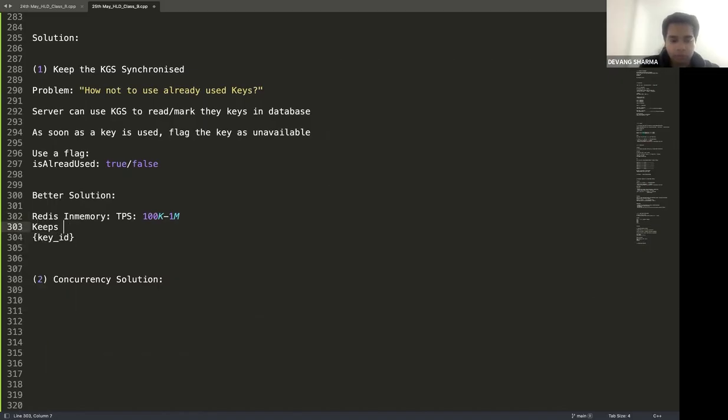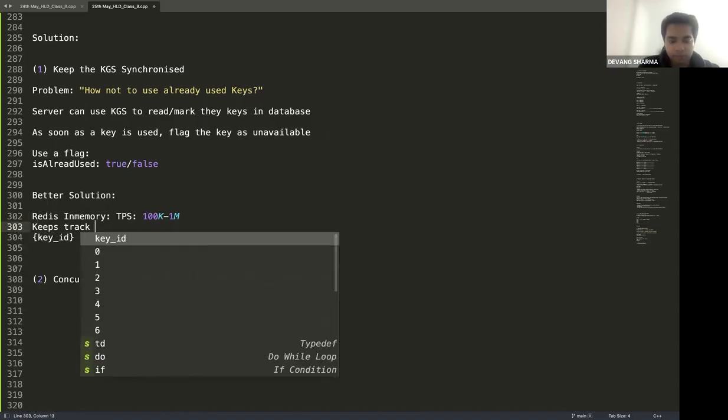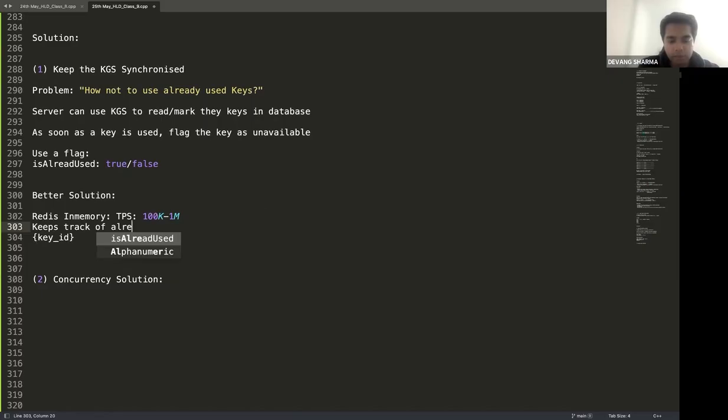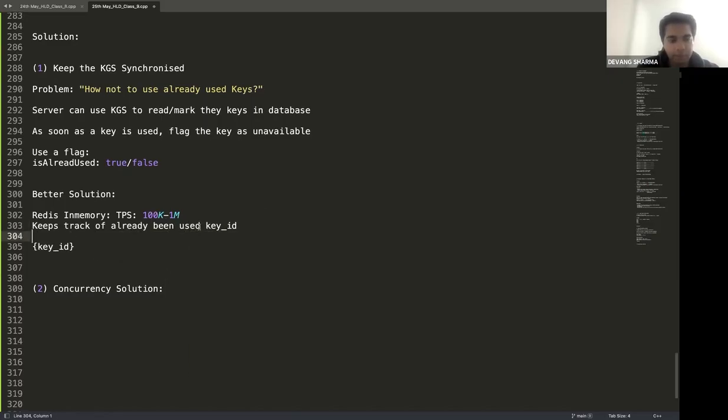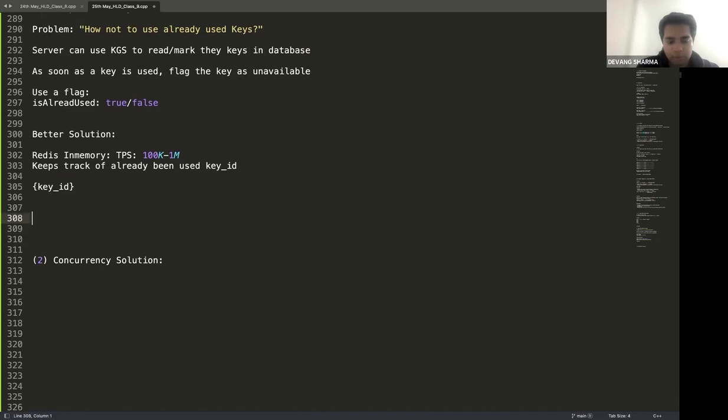Keeps track of already used key IDs. Okay. So next time your service call happens, your request comes, check in Redis memory.